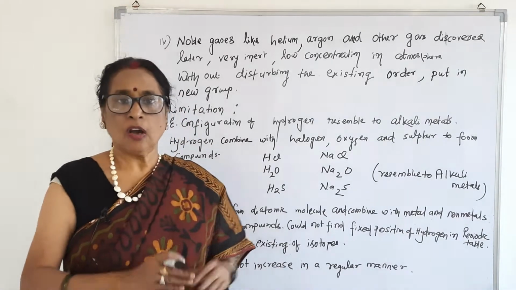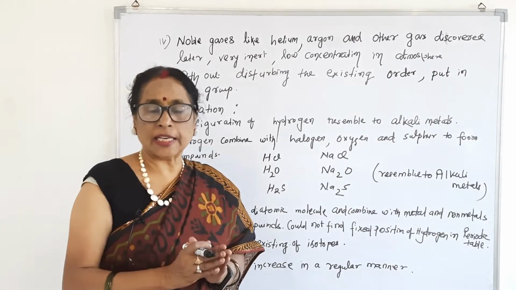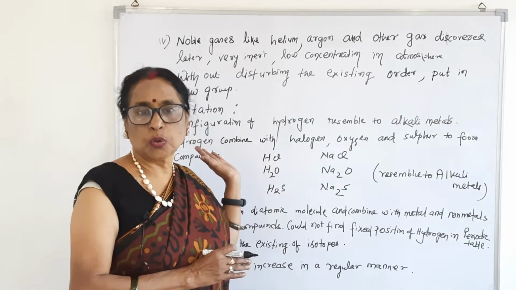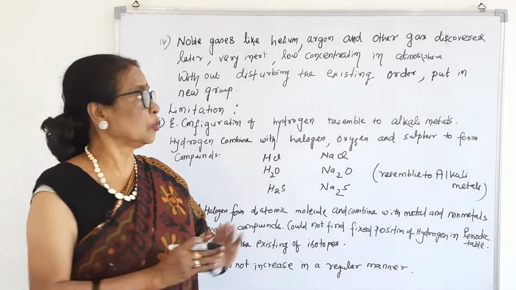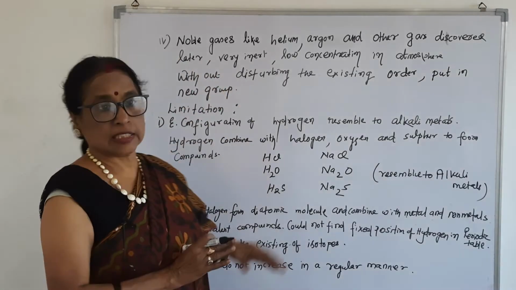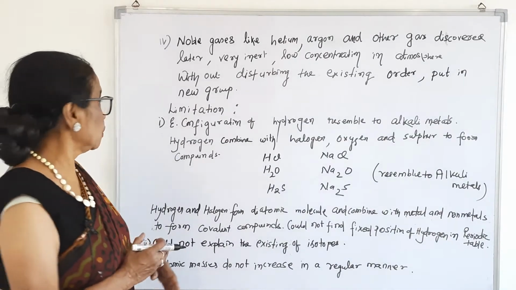That is why all the noble gases, the inert gases, were placed in a new group without disturbing the old groups, the noble gas group, the zero group, because they are inert.